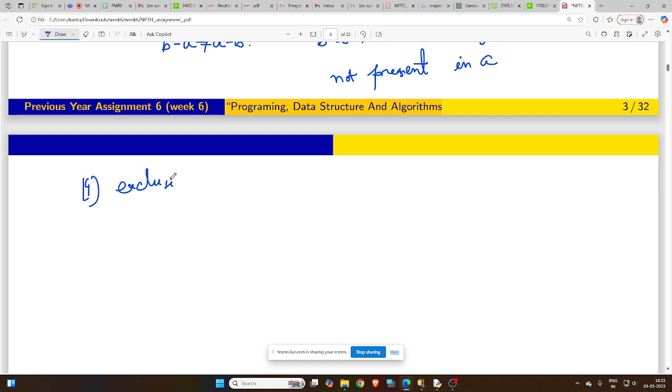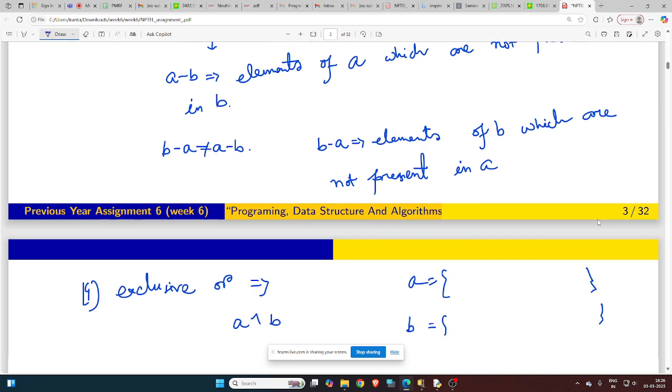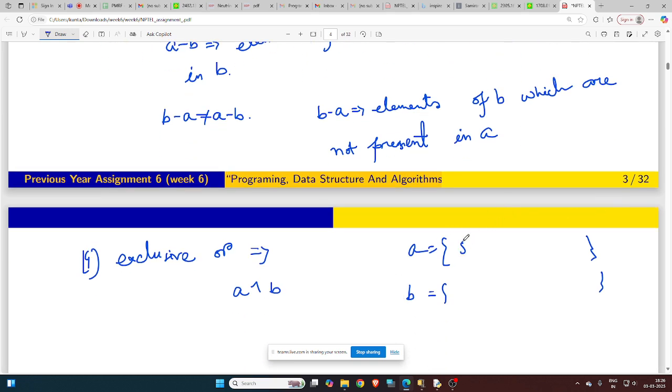Now the fourth operation. It is exclusive OR. And exclusive OR is denoted like A to the power B. You can see in those books there is a caret sign. So A to the power B. So what is the meaning of that? I am writing here A to the power B. First, 6, 7, 9, 20, and 9, 3, 4, 5, 20.